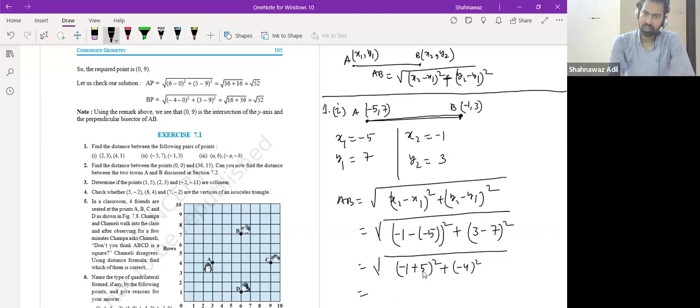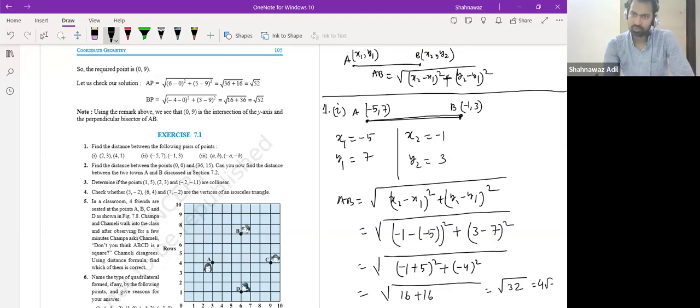So this is again 4 square. So 16 plus 16, 32, root of 32, which is 16 times 2, so 4 root 2. You guys quickly note it down, and then we'll skip the third question.